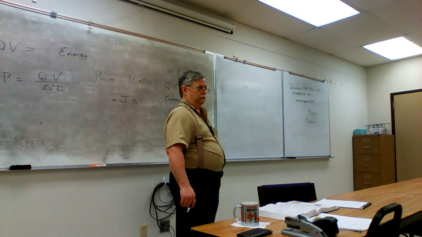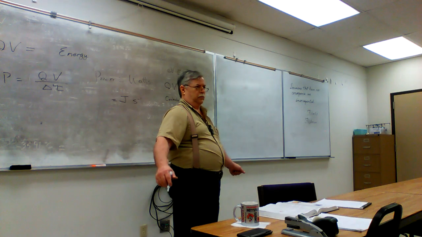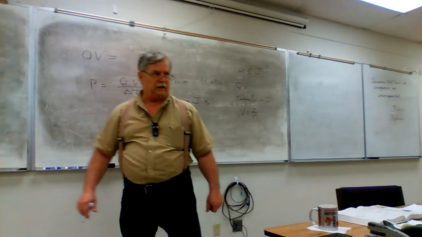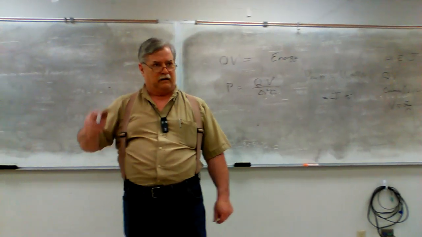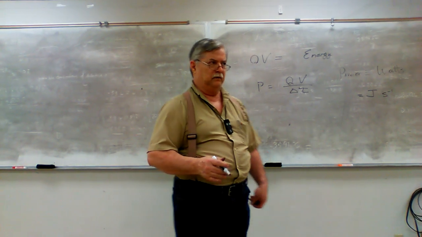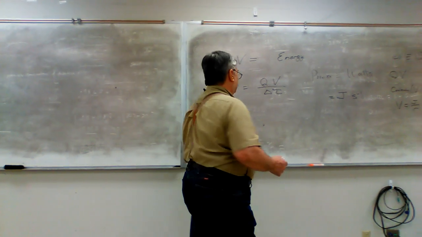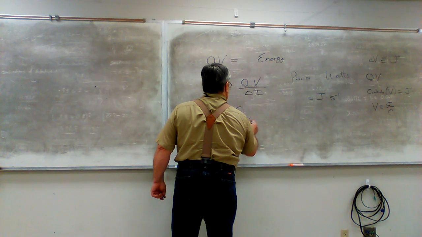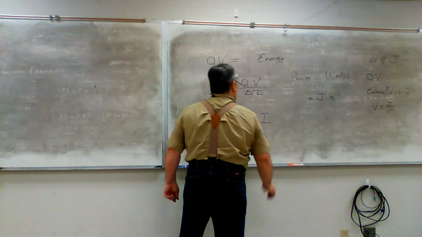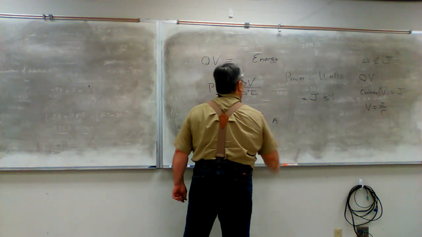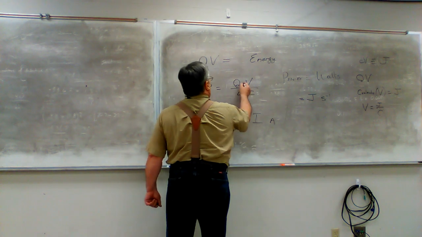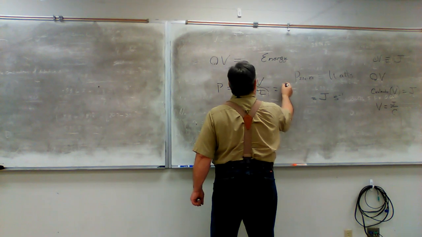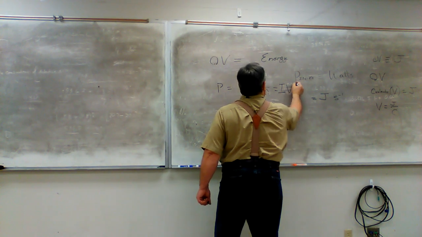Like if you had, say, 6.24 times 10 to the 18 electrons worth of charge passing a given point in a wire every second. Current, thank you. Q per unit time is current in units of amps. That means your power is actually equal to current times voltage.